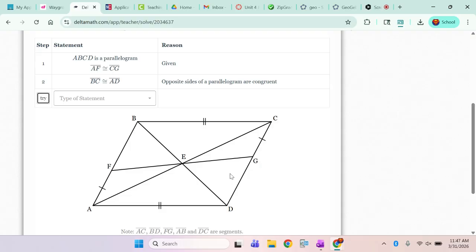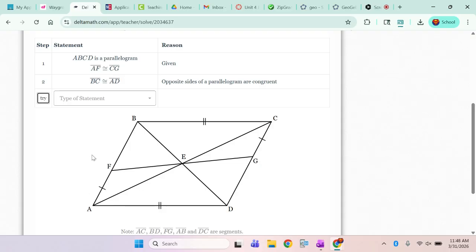There are, but where? So that's not in the triangle that I want. These two triangles. AEF, good.